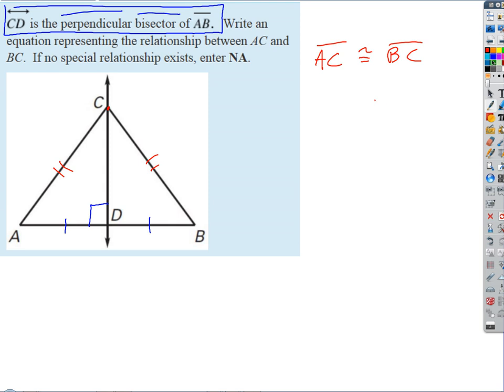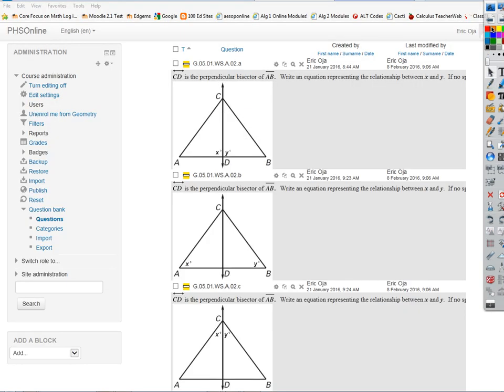But if we write this in terms of just the length of segment AC, that's a number, and numbers are not geometric things. They're just numbers, so they're equal to each other. So we would just write AC equals BC. That's the relationship, and we can see that up here. Because the segments are congruent, their lengths are equal. And so we would just go to, where's this? Must be this one.